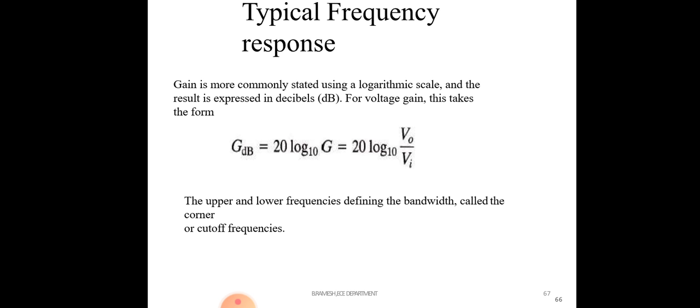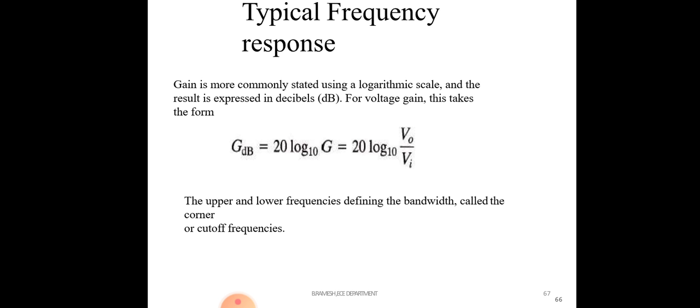The gain is more commonly stated using a logarithmic scale, and the result is expressed in decibels. For voltage gain, this takes the form gain = 20 log gain, so V out by V in. The upper and lower frequencies defining the bandwidth are called corner frequencies or cutoff frequencies. To calculate the bandwidth we should know the cutoff frequencies.